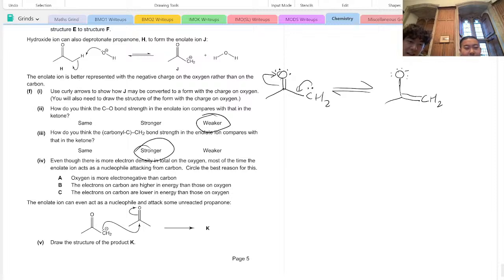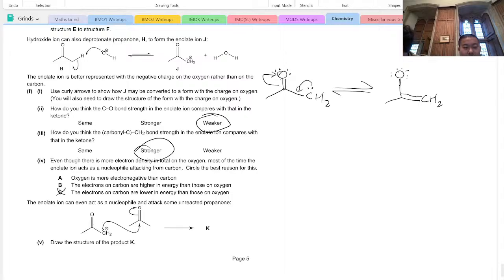Oxygen is more electronegative than carbon. The electrons on carbon are higher in energy than those on oxygen. I don't think the carbon would be more of a nucleophile if the electrons were lower in energy, so I'm going to remove option C. Most of the time, I say nucleophiles are better if they're more electronegative.